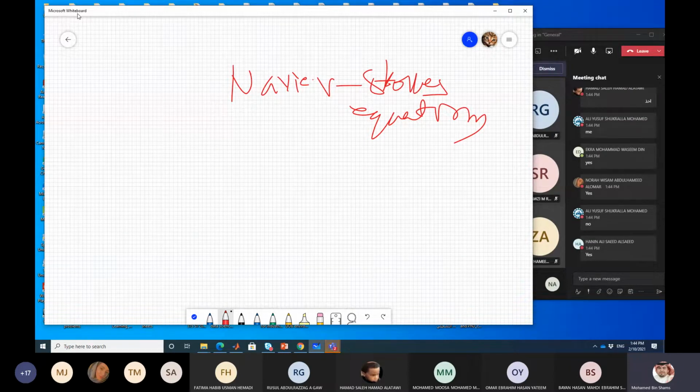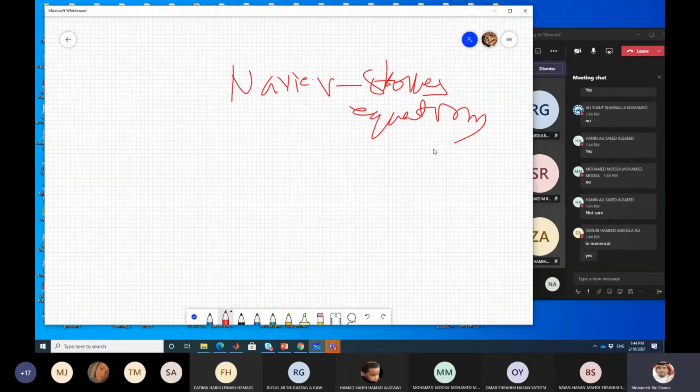Okay, Hanin, are you not sure? Is anyone sure that they studied the Navier-Stokes equation in fluid? Whoever is sure, tell me, was it numerical Navier-Stokes? Was the equation written with D or with partial?